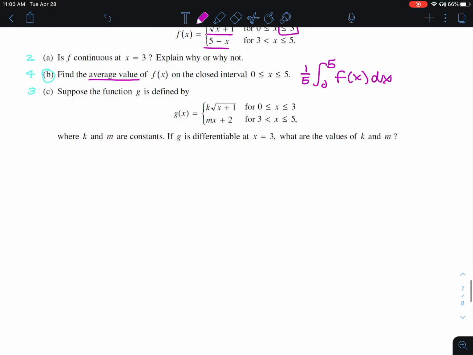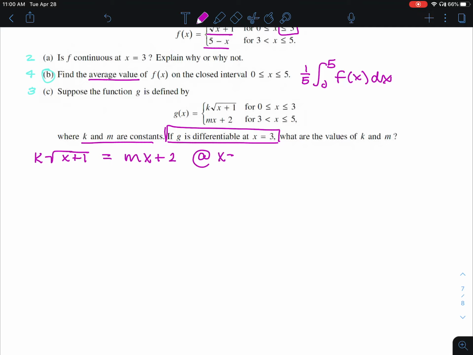And then the final part says, suppose the function g is defined by g of x equals this new piecewise function where k and m are constants and g is differentiable. This is a huge hint right here. If it's differentiable, we know two things. We know that k root x plus 1 equals mx plus 2 at x equals 3.